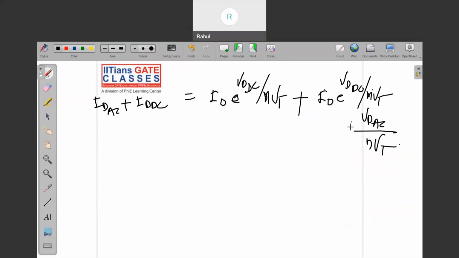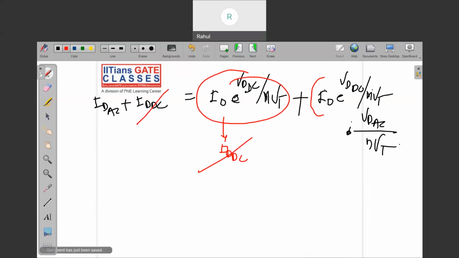That is the factor which we have got. Now you can see here, this guy is your ID DC. This and this get cancelled, and this is ID only, ID DC. From the DC picture you will get this diode current.